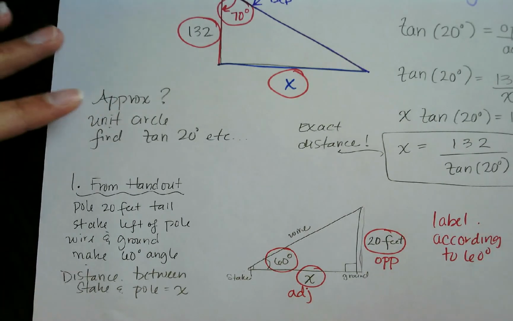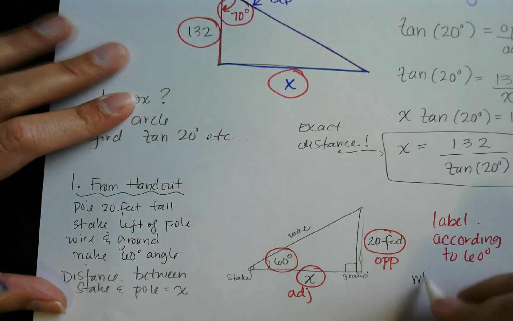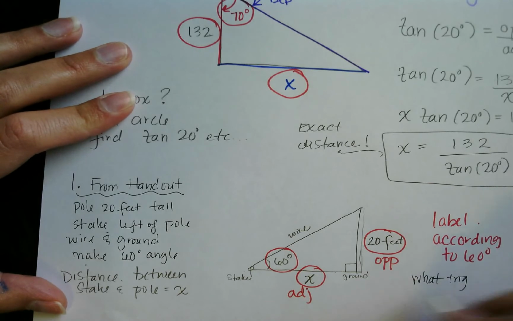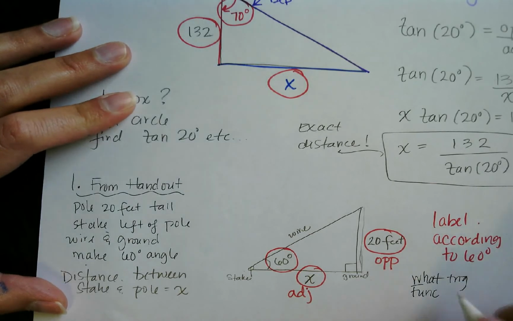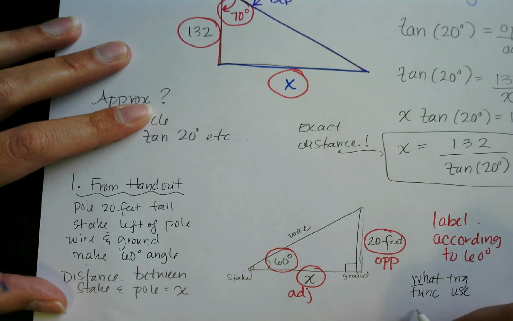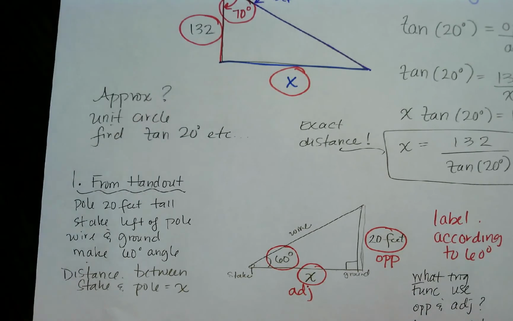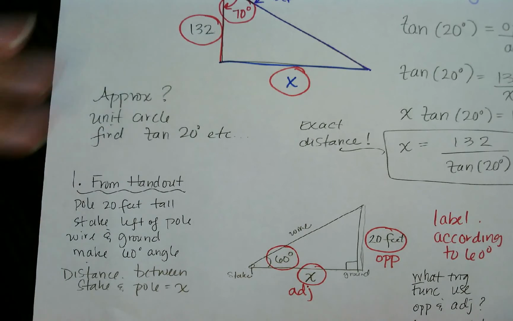So again, the question I ask is, what trig function uses opposite and adjacent? You would say tangent or cotangent. It's your choice. I'm just going to go with tangent.